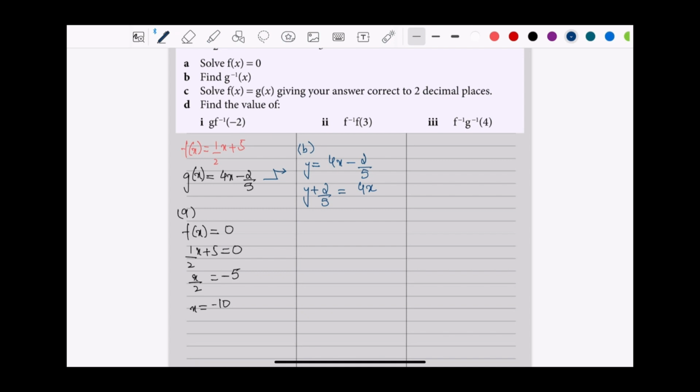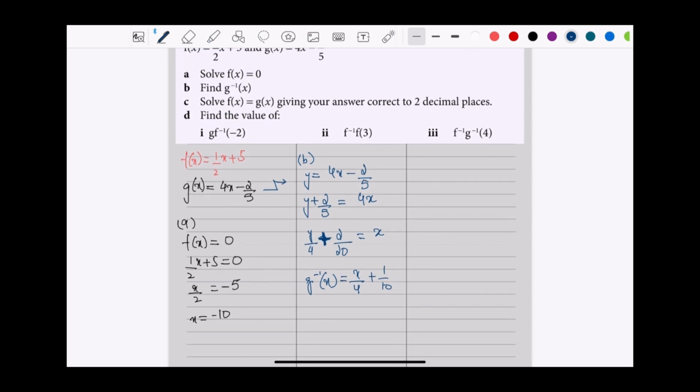Now dividing both sides gives you y over 4 equals 2 over 5 into 4 is 20. So it's a plus sign here. Equals x. Now the inverse is going to be x over 4 plus 1 over 10. It's going to be g inverse of x.